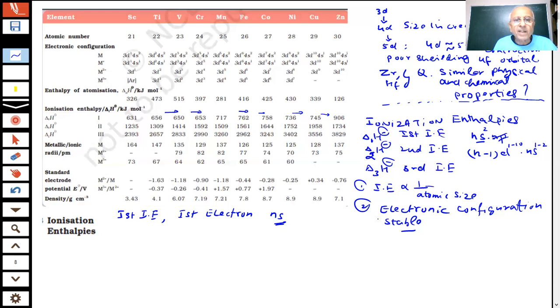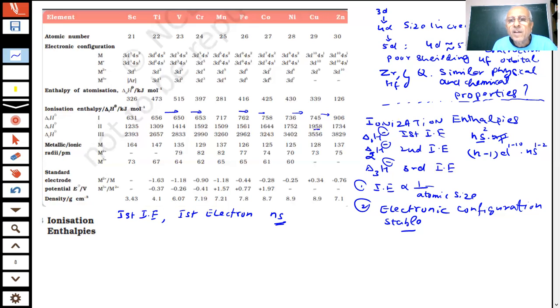And in general, you will see that if I go from first to second, what is happening? The values are 1234, 1309, and somewhere the value becomes 1500, 1561, 1644, 1752, 1958.